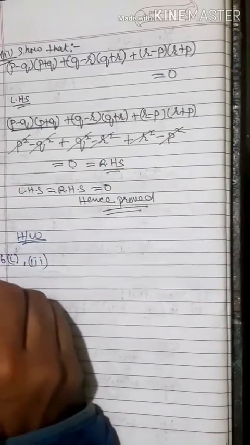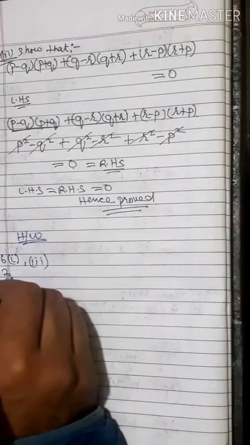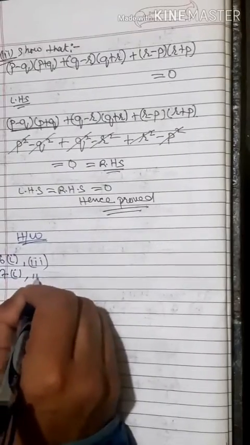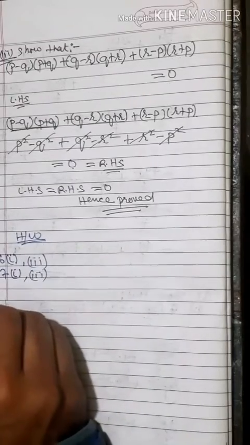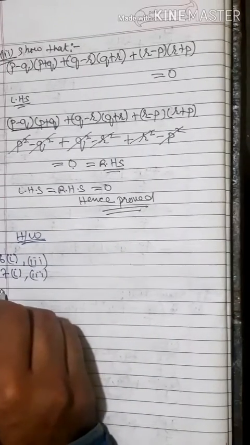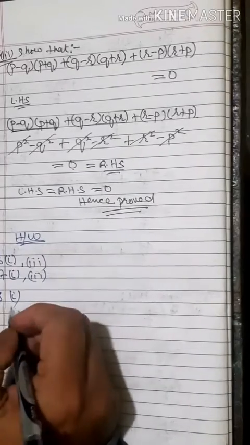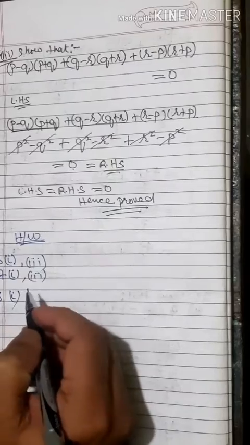Then we have question number 7 Roman 1 and question number 7 Roman 3. Then we have question number 8 Roman 1. 8 Roman 2 and 3 I have already done for you. So, question number 8 Roman 1. These questions are all similar type of question.